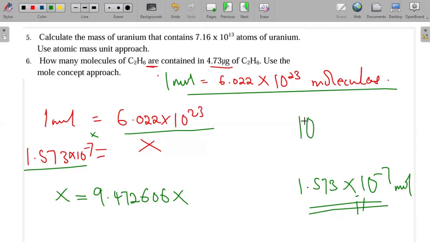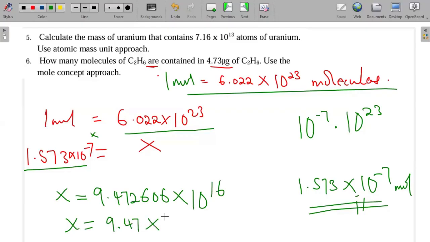Okay, so 10 to the power minus 7 multiplied by 10 to the power 23. So here we can just add them. Okay, so what is it? 23 minus 7, I get 16. So this will be 10 to the power 16. Okay, so we can put in three significant figures. This will be 9.47 times 10 to the power 16 molecules.